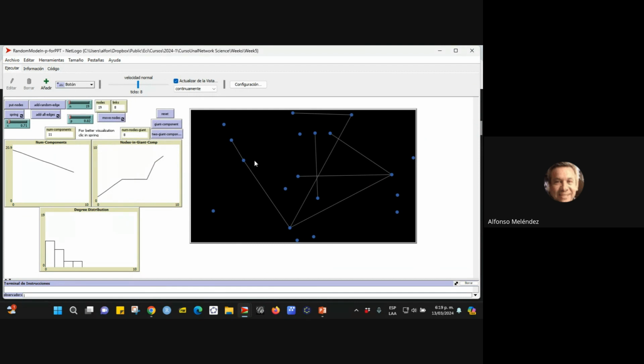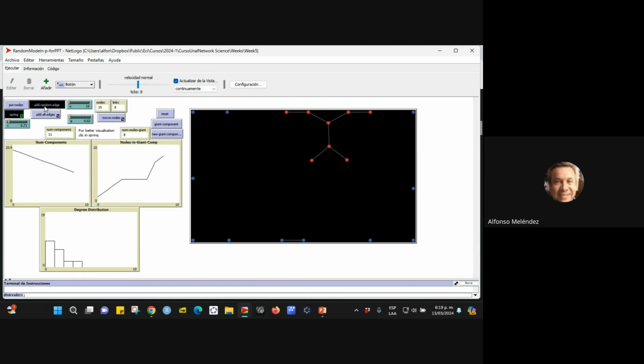When we begin to put edges, the nodes begin to connect. There's going to be a giant component. Look, this is a giant component. It's a subnetwork that has many nodes connected. And if I add more, this giant component grows.